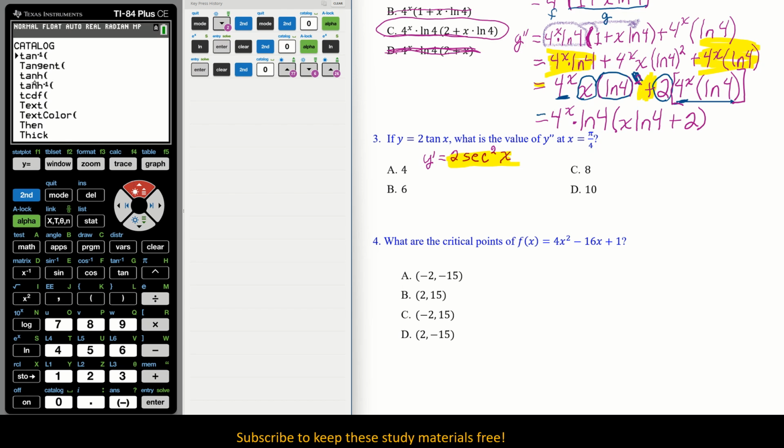Now notice that we have tangent, we have hyperbolics, and some of these things we've used. String, standard deviations, we need SEC. There's TQ. Nope, there is no way to get our secant, but that's not a big deal. I just wanted to show you some of the things that were there.